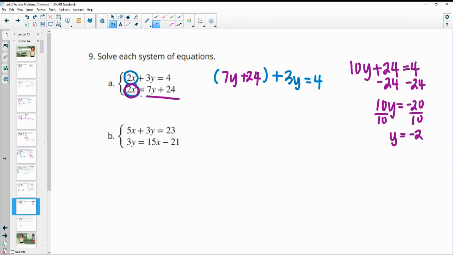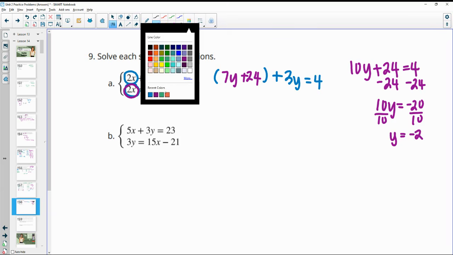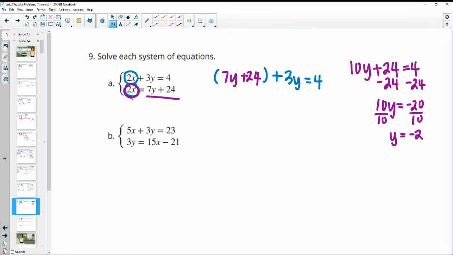Then we need to plug it in to figure out x. So I'm just going to plug it into this bottom equation here. So we'll do 2x is equal to 7y plus 24, and we know that y is equal to negative 2, so we'll be able to plug that in here.